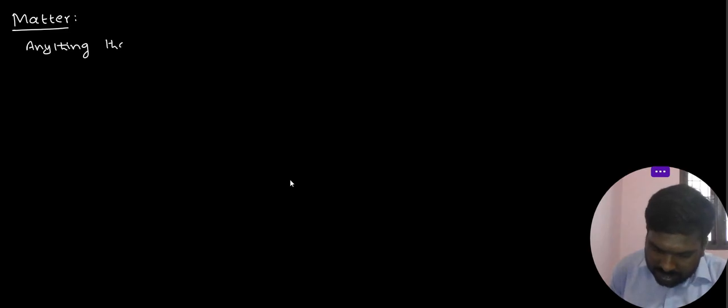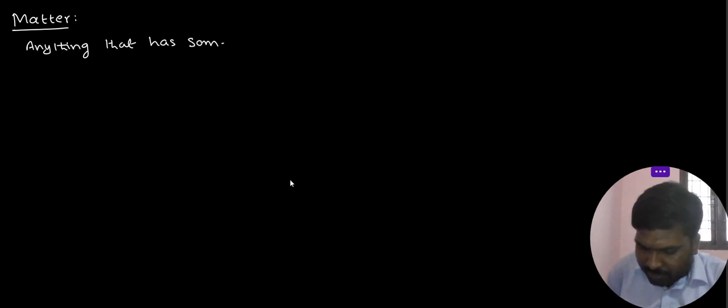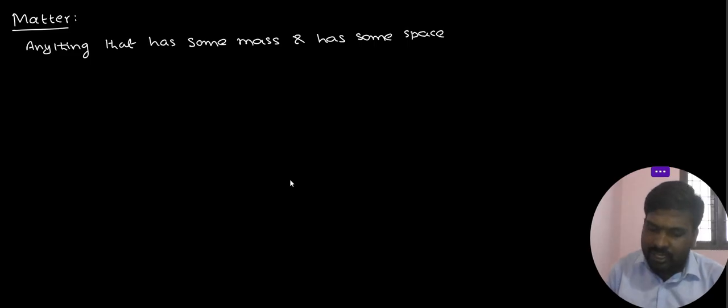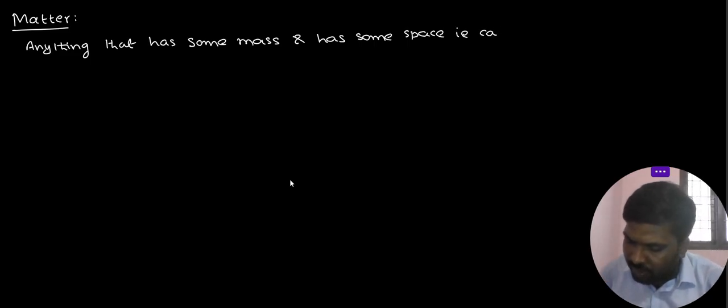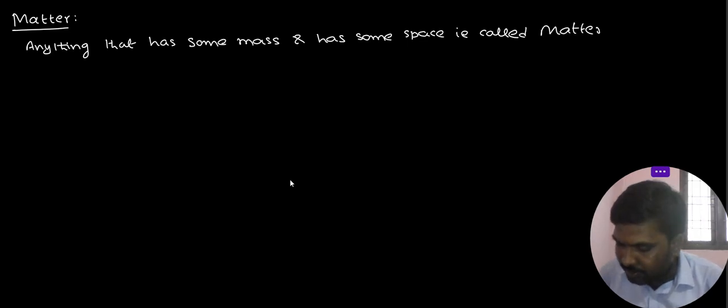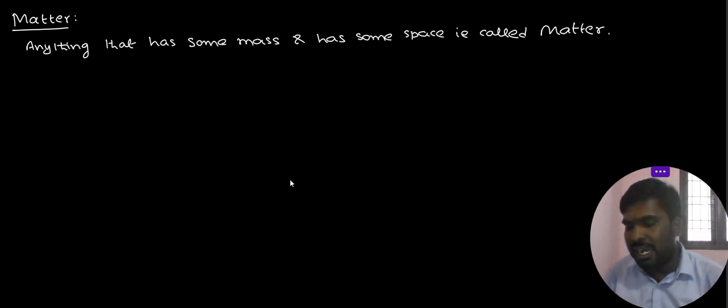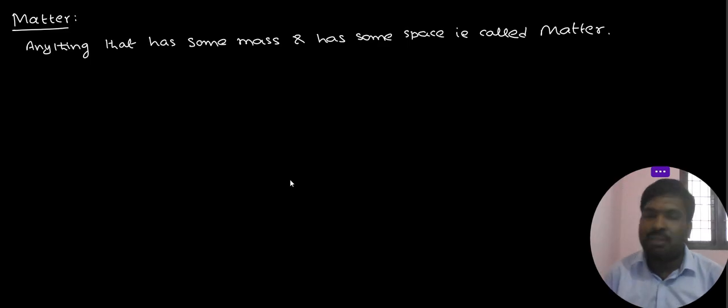Anything that has some mass and has some space or volume is called matter. So anything that has some mass and occupies some space is called matter.